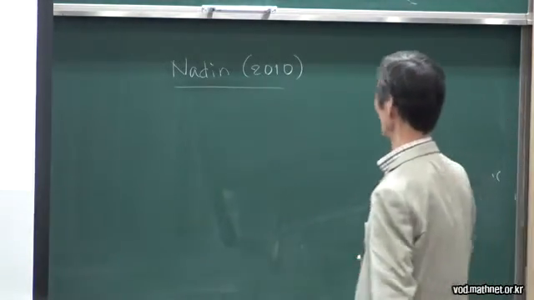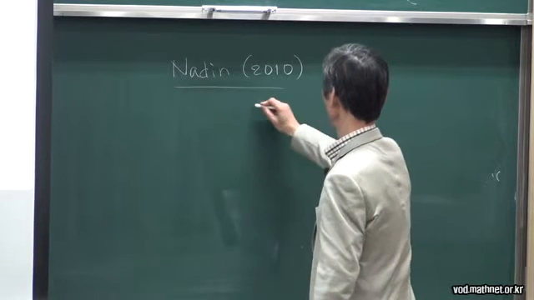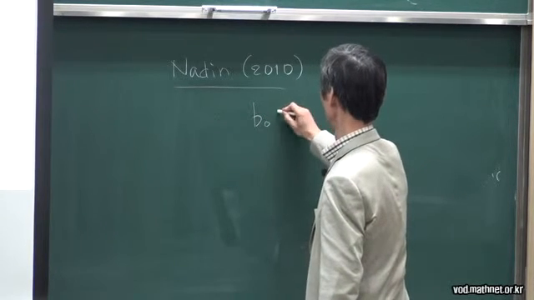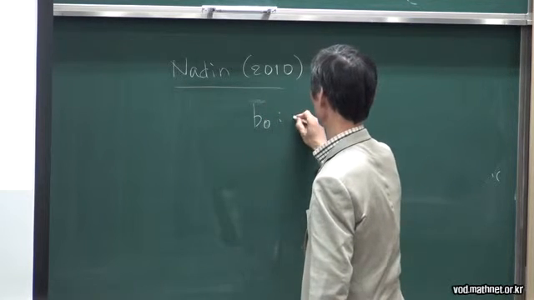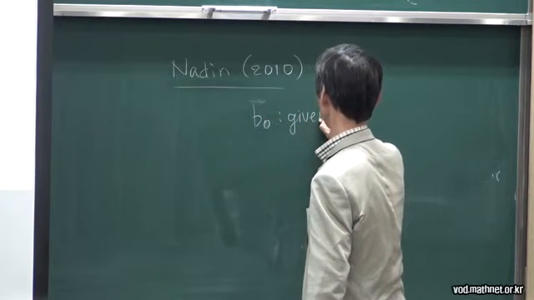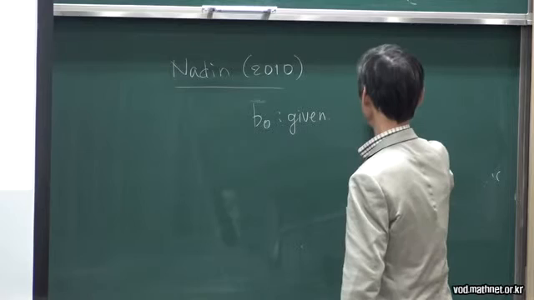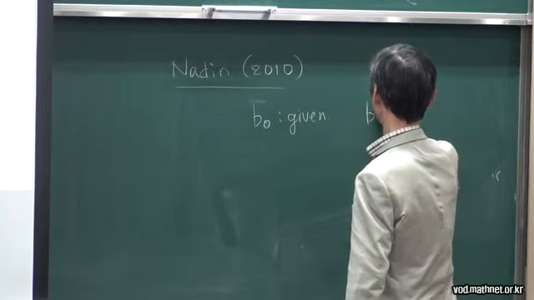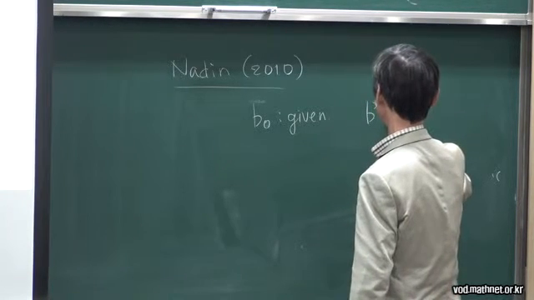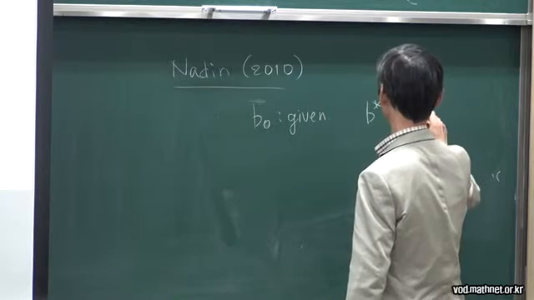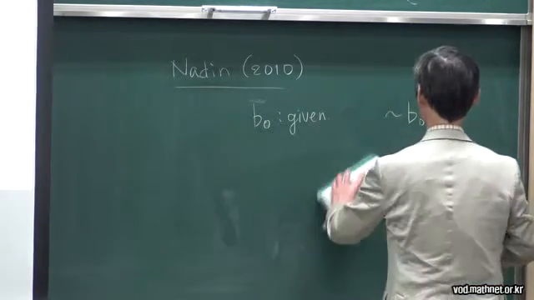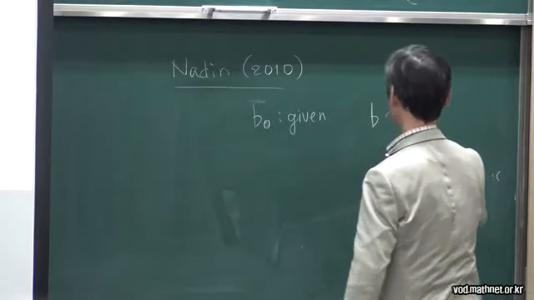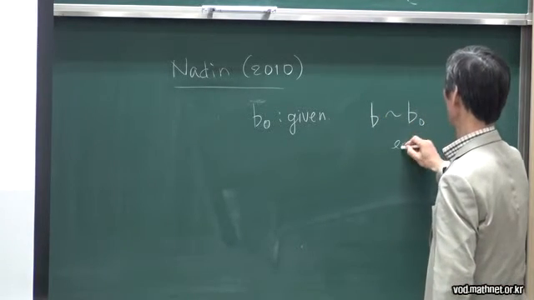In his case, B0 is given. And B star in this case, no, sorry. Consider B that is equimeasurable.